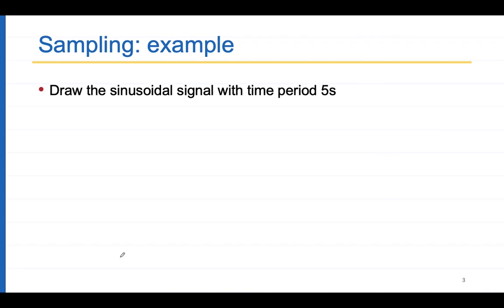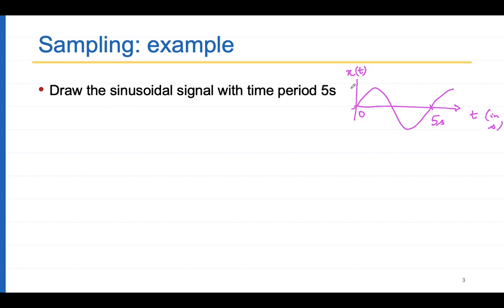So let's see a sinusoidal signal with a time period of 5 seconds. What does that mean? It means I have a sinusoid signal, and I know this is given to be 5 seconds. This is 0, this is time in seconds, and this is my x of t.